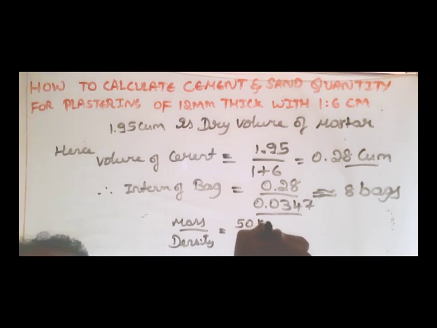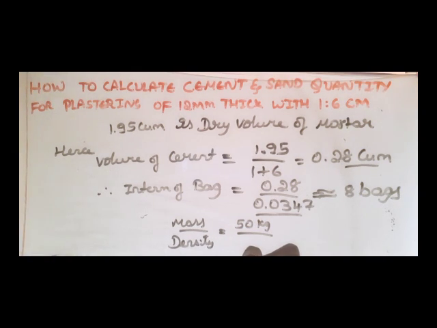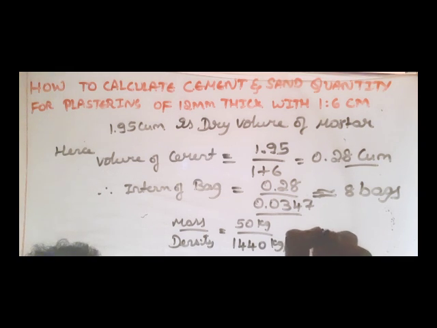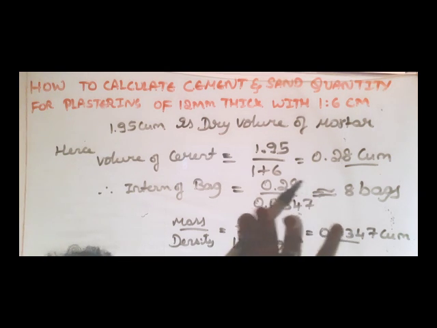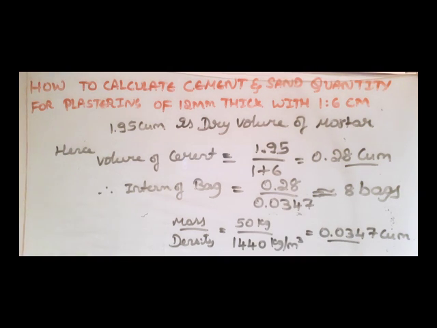And the density of cement is 1440 kg per meter cube. If I divide this, you're going to get 0.0347 cubic meter, right? This is how you got 0.0347. I have divided by this volume in order to get the bags. So this is how we calculate.